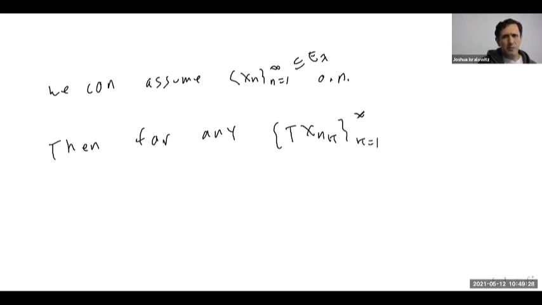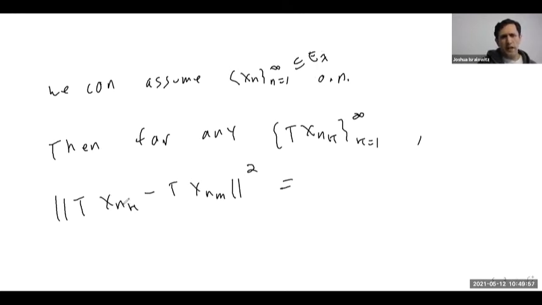So for any subsequence, Tx_k minus Tx_m squared. Well, Tx_k is going to be lambda x_k because x_k is in E lambda.